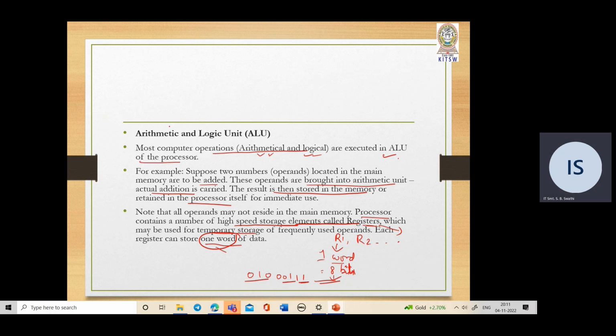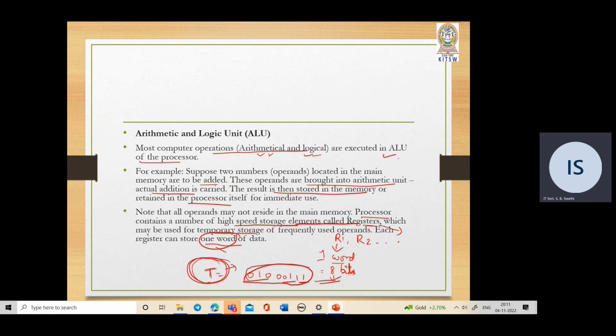Suppose we have given some input from the keyboard for one symbol, say T. This will be understood by the computer with the help of some bits. It has some internal numbering for each and every letter, for each and every operator.